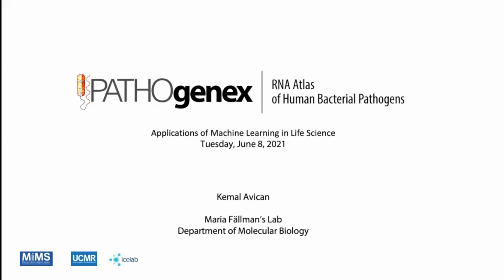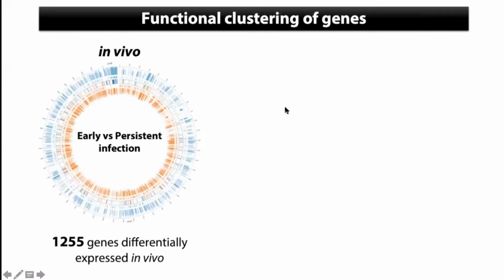But before I start to talk about that, I would like to mention how it started, why we needed such a database. It started when I had a project where we wanted to see how a pathogen called Yersinia tuberculosis can survive for a long time in a mouse model, which we call persistent infection.